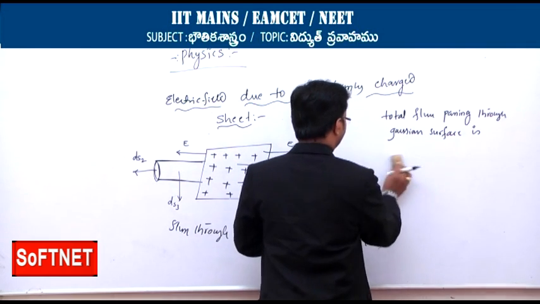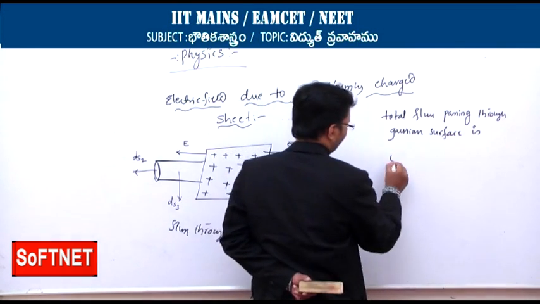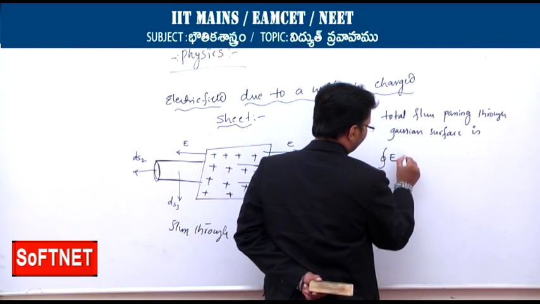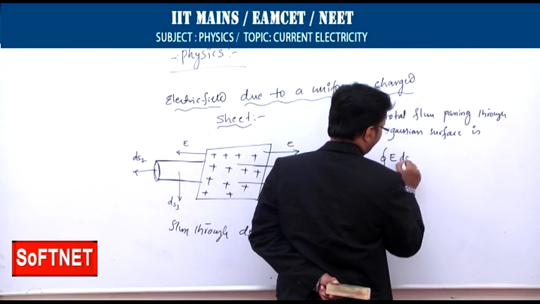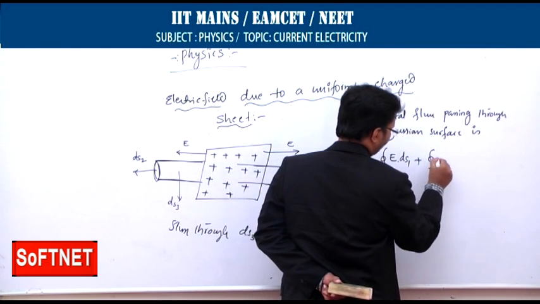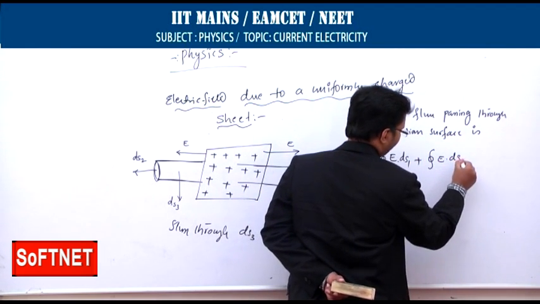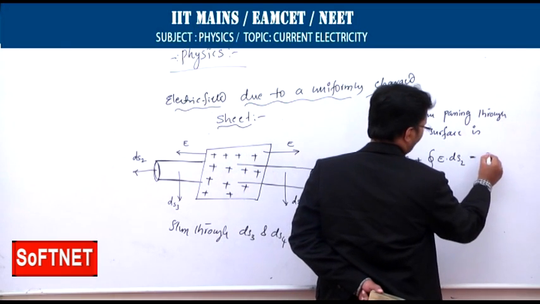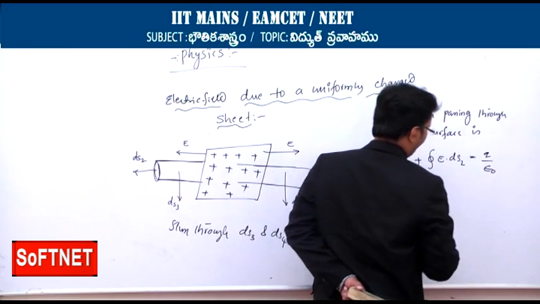What can we write? Integral E dot ds1 plus integral E dot ds2 is equal to q by epsilon naught.